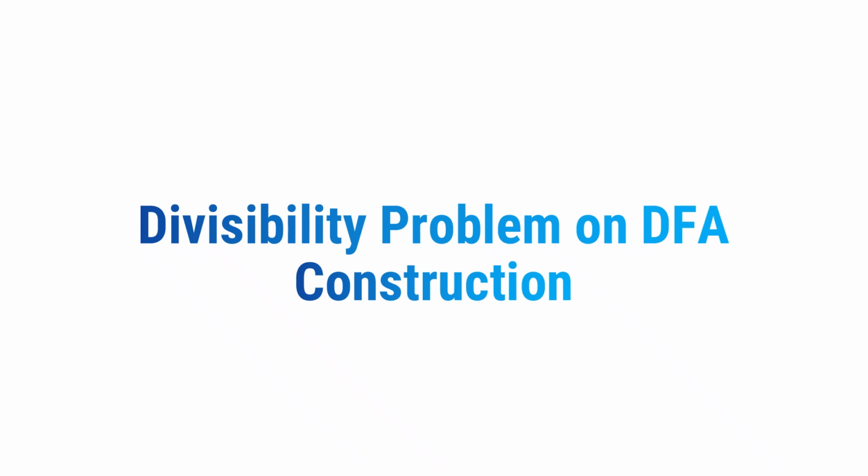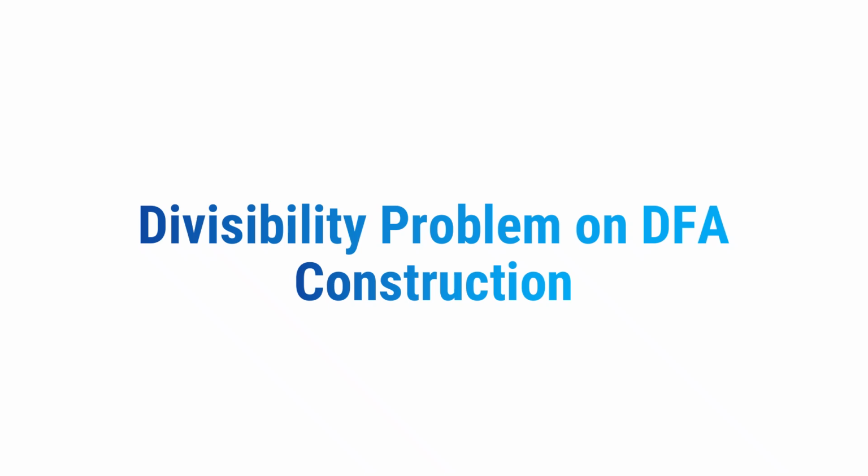In this video, today we'll be discussing divisibility problems on DFA construction. My first question to you: have you ever struggled with DFA problems where we need to track multiple conditions at the same time? That means one condition for the number of A's and another for the number of B's.